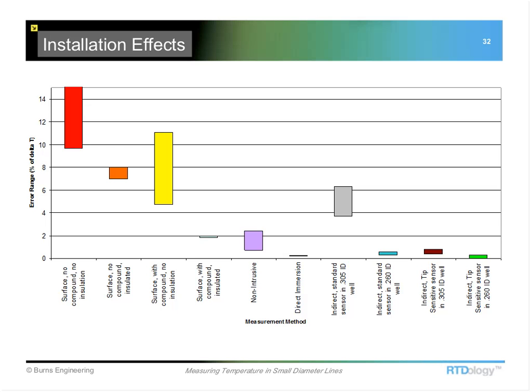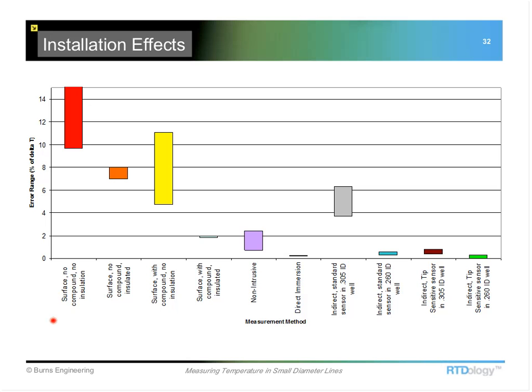Now this graph I have up here is comparing the installation effects of the different style sensors. I just wanted to run through a couple of these. This is a surface sensor, and it's just stuck on a pipe.